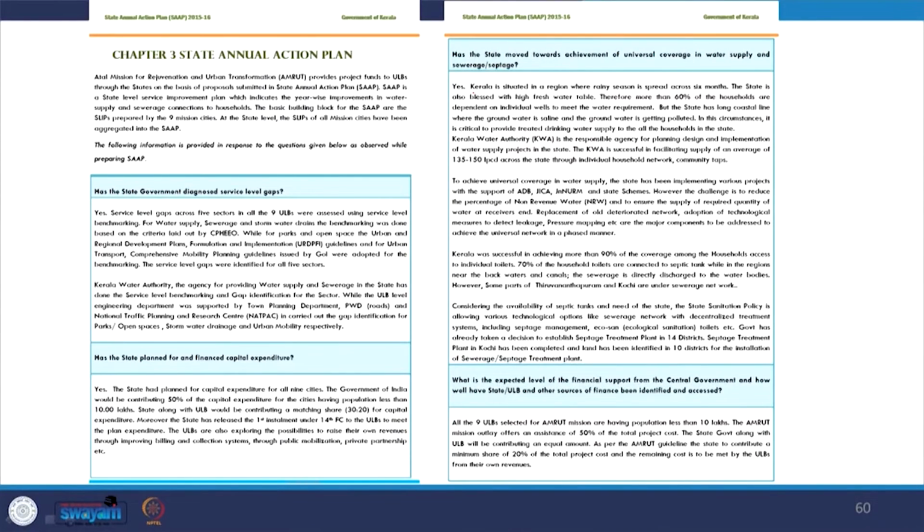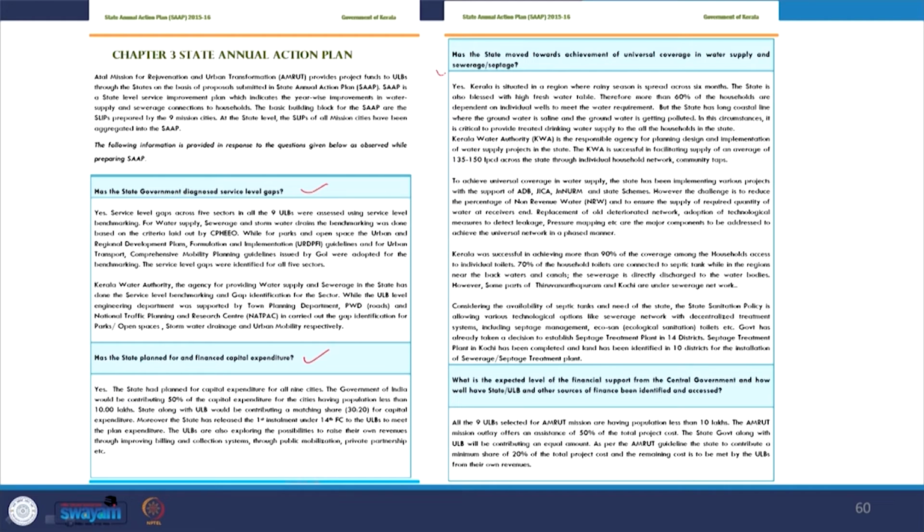Further, we see that the State Annual Action Plan is prepared and the following questions are listed. When they are reviewing the need of the place, they follow a certain process. These are the questions they answer: Has the state government diagnosed service level gaps? Has the state planned for and financed capital expenditure?